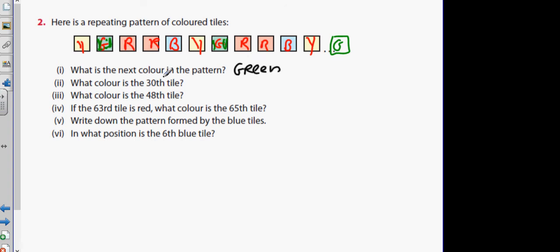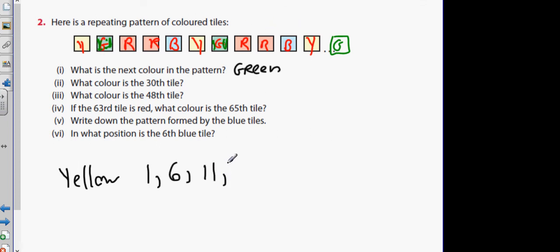Now, what colour is the 30th tile? Let's examine our patterns, okay? Our pattern is this. Yellow is number 1. It's also number 6, and it's also number 11, sure enough. 1, 2, 3, 4, 5, 6, 7, 8, 9, 10, 11.